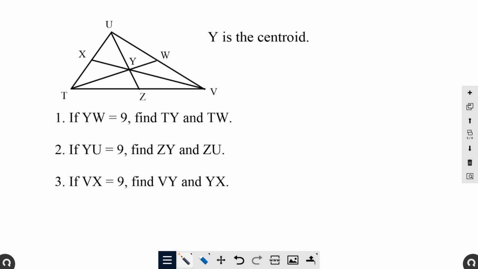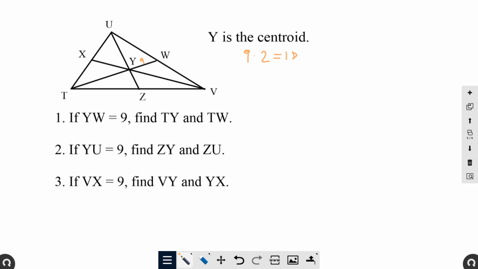If YW is 9, find TY and TW. So if YW is the short part, we can multiply that by 2 to get the long part, which is TY, and 9 times 2 equals 18.